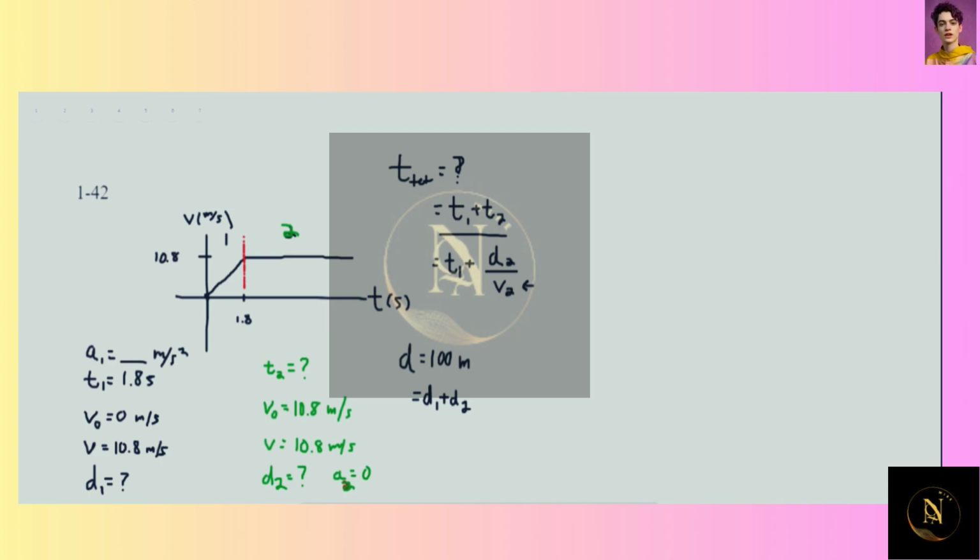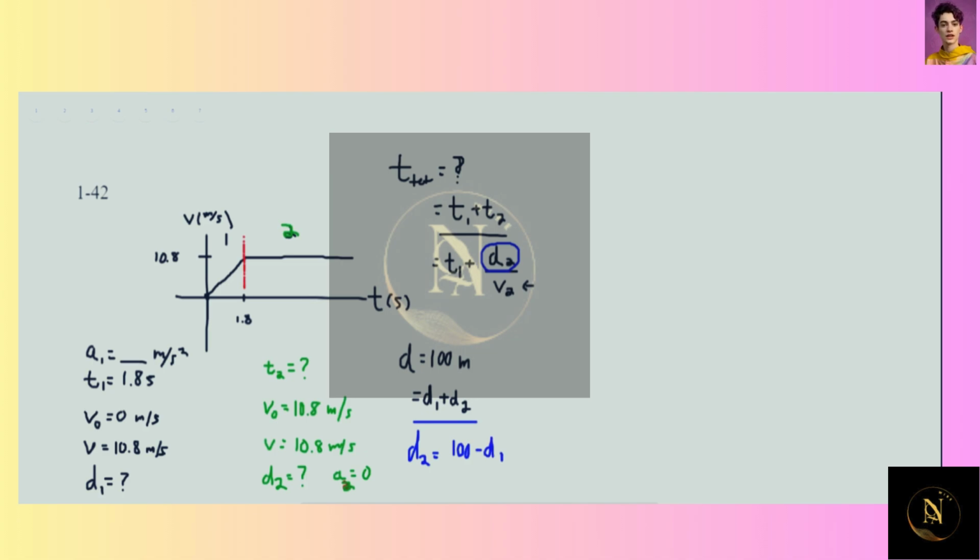So all we need to solve for in this problem is D2, the distance of part 2, which will give us the time T2, which will solve for our total time. So how do we solve for D2? Looking at this equation, if we solve for D1, D2 is just 100 meters minus D1.